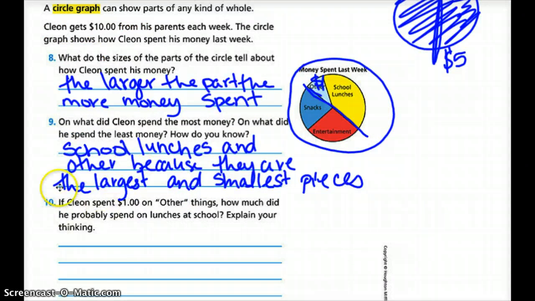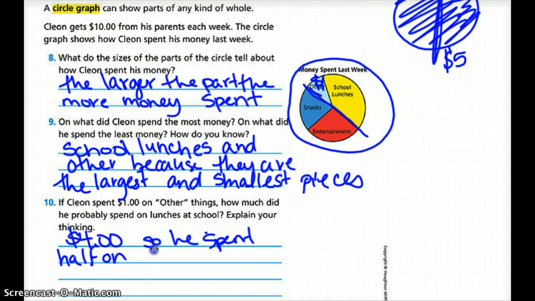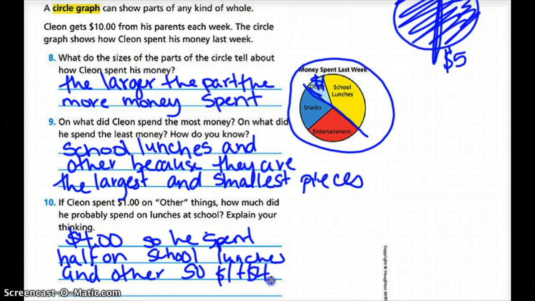That must be $4. So he spent half on school lunches and other. So $1 plus $4 equals $5.